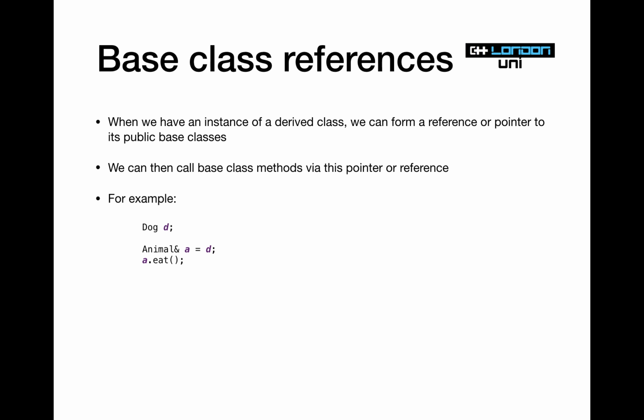In C++, we just have to write the references explicitly. So in Java, you might say Car c equals new BMW, and then you call c.drive, and it would call the drive method of that class.